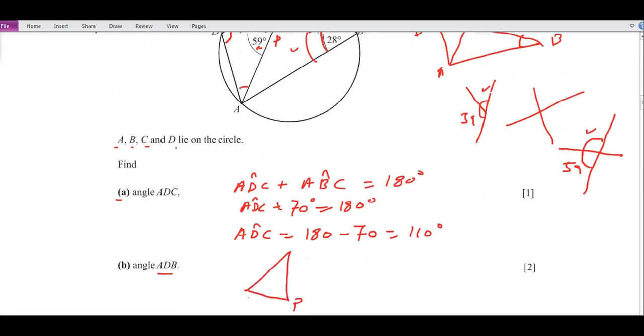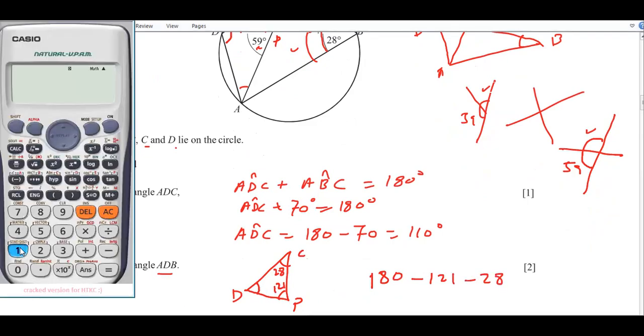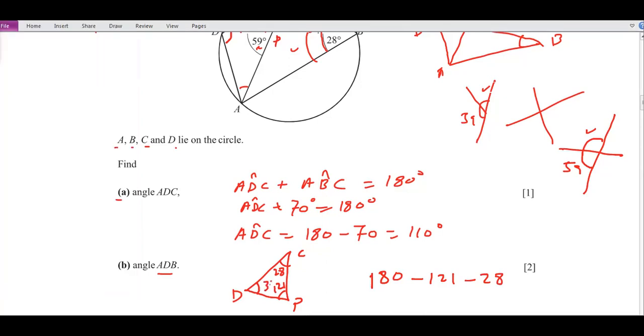This is P, this is D and this is C. We know this is 28 and this one we just found came as 121. It means this angle will be clearly 180 minus 121 minus 28. Let's find that: 180 minus 121 minus 28 is 31. It means this is 31.